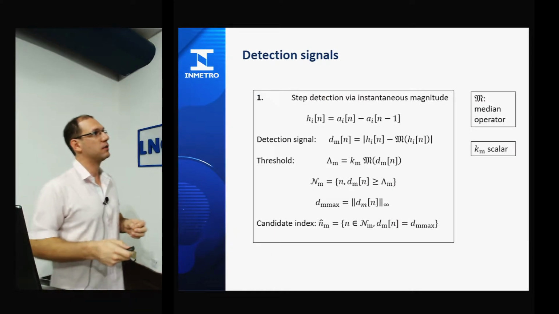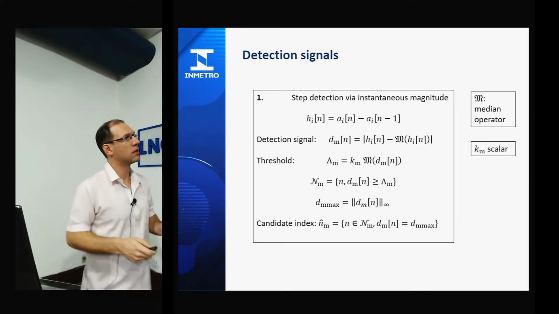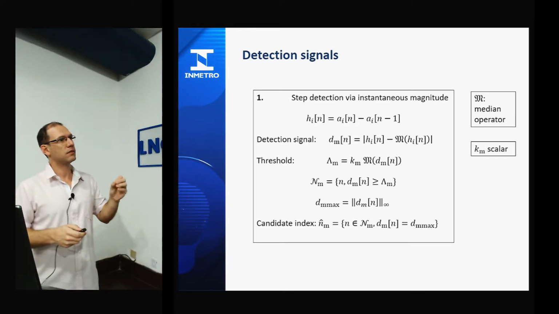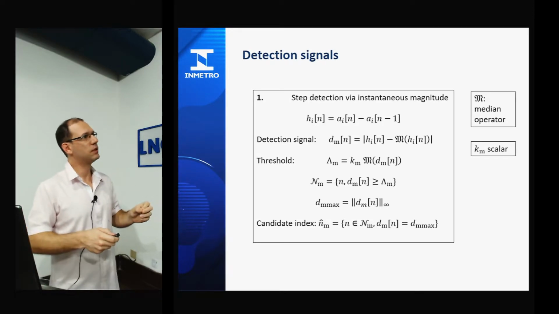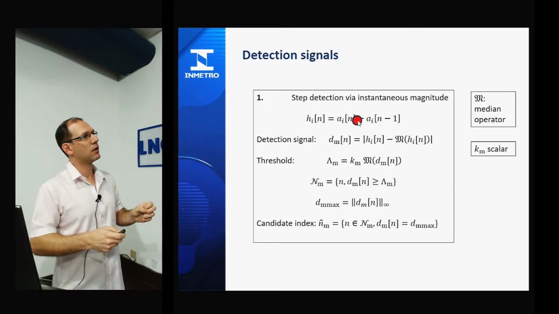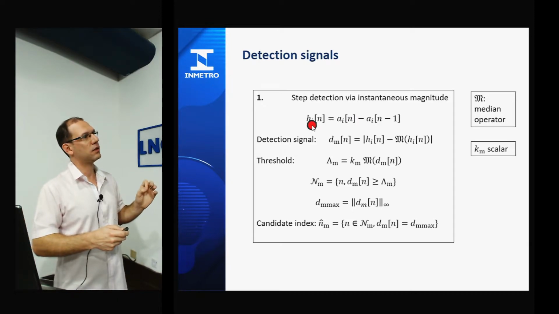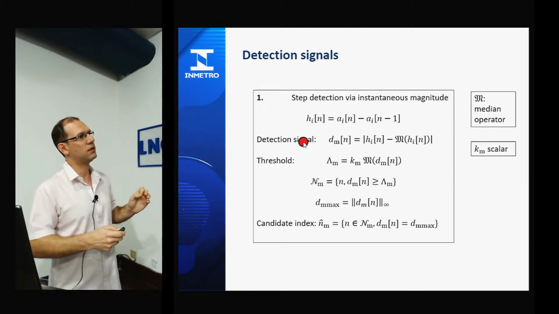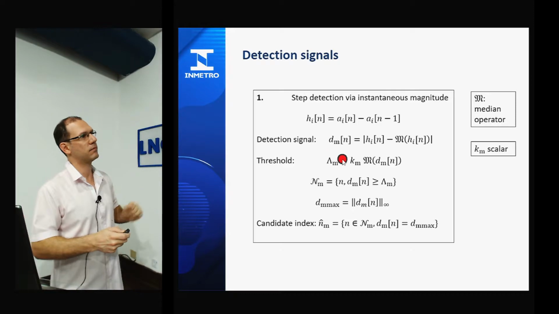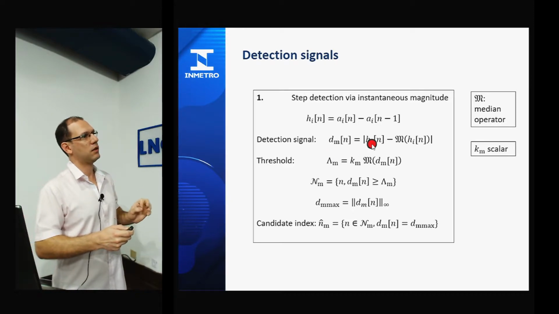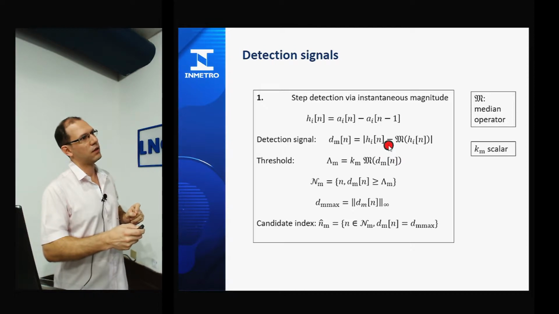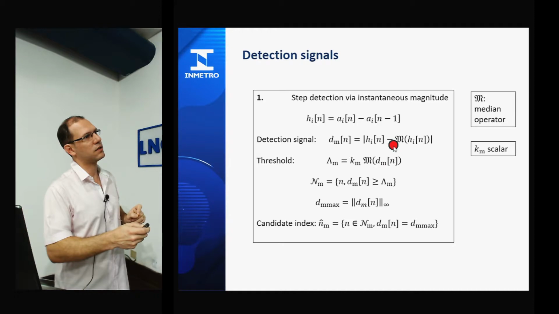And now we define detection signals. To detect the step location, from the instantaneous magnitude, we get the first order differences and define a detection signal called dm, taking the modulus of the difference of the first order differences and its median.